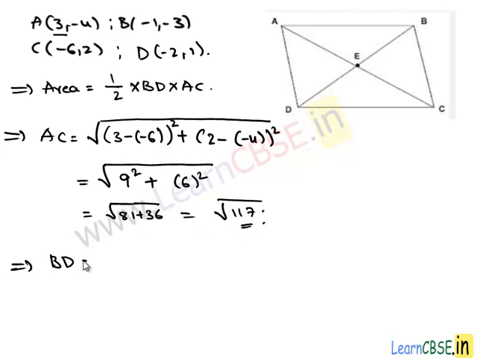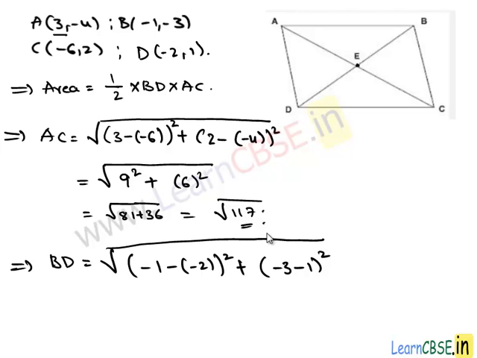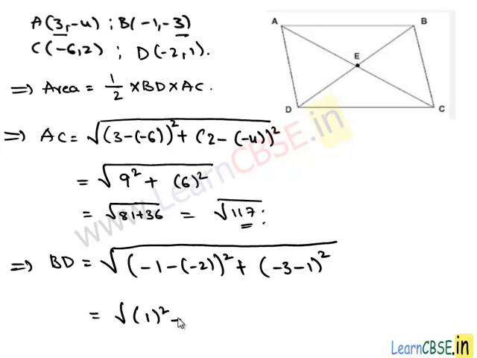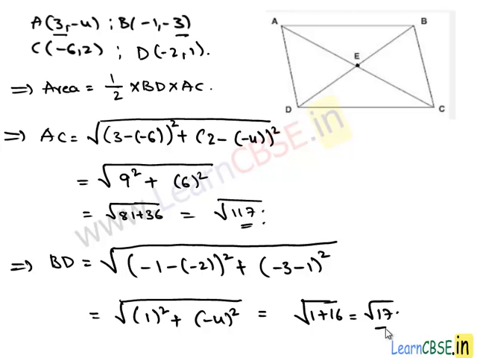Similarly, the length of diagonal BD is the square root of (-1 minus of -2) whole square plus (-3 minus of -1) whole square, since its x coordinates are -1 and -2 and its y coordinates are -3 and 1. By simplifying we get minus of -2 is +2, so +2 minus 1 is 1 whole square, and -4 whole square. It is equal to 1 plus 16, which is √17.